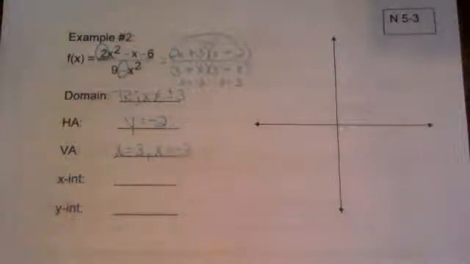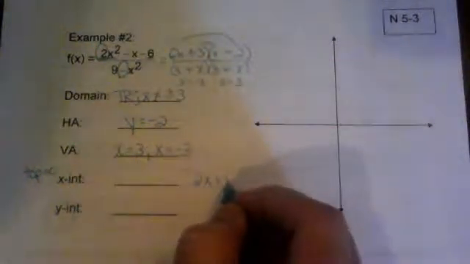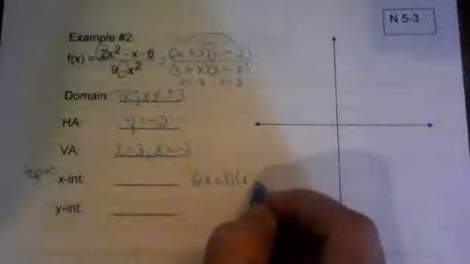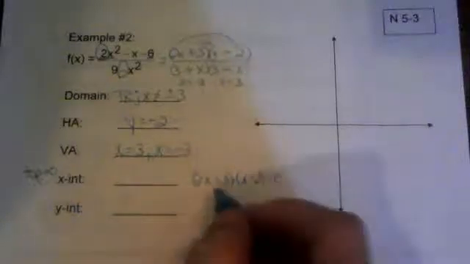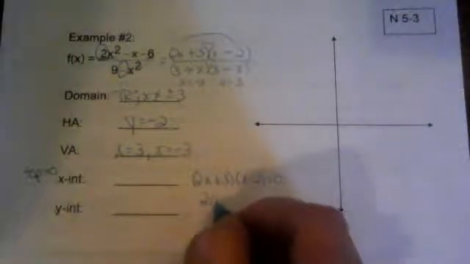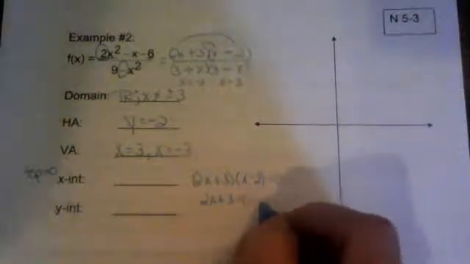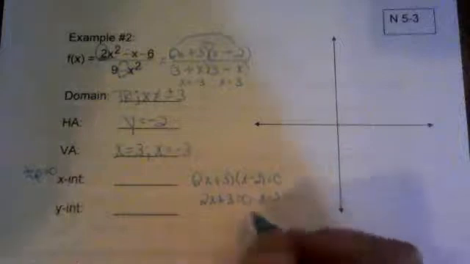We're going to use that in a minute to help sketch our graph, and in addition to that, we want to find our x and y intercepts. Remember, for our x-intercepts, the shortcut is to set the numerator equal to 0. So I'm going to take the factored form of the numerator, 2x plus 3 times x minus 2, and set it equal to 0, which means I take each of these pieces and set them equal to 0, because either one of them could be 0.